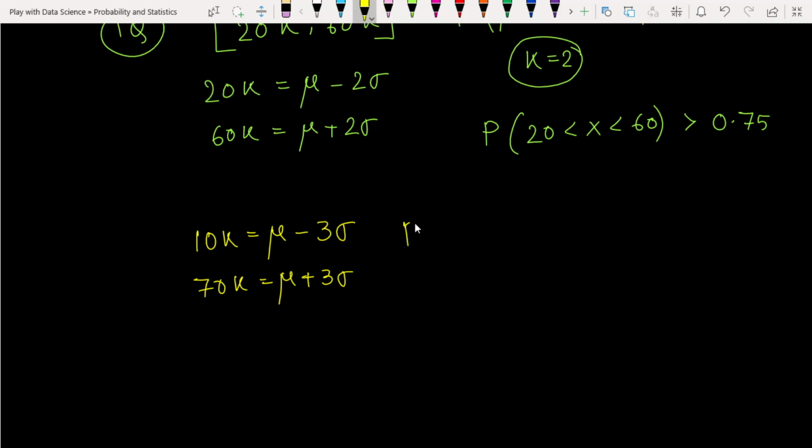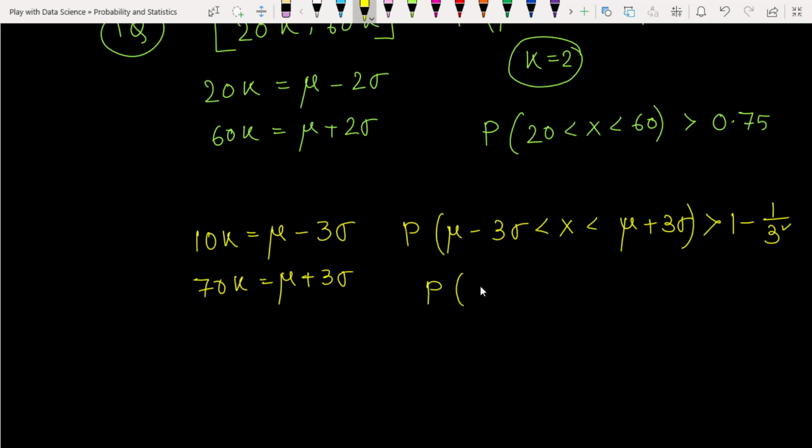So the probability of mu minus 3 sigma less than x less than mu plus 3 sigma will be 1 minus 1 by 3 squared.